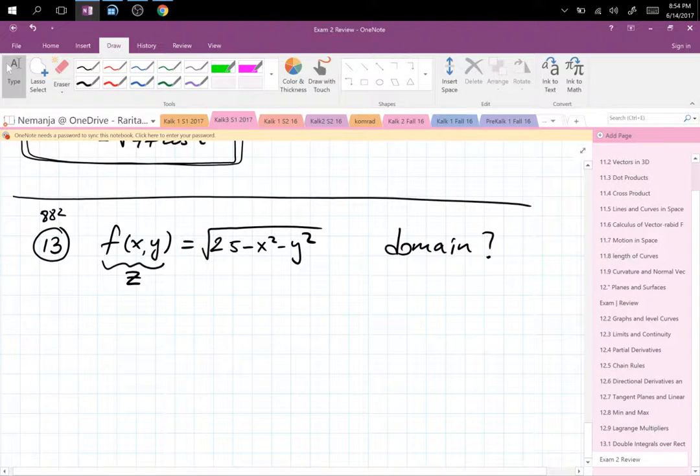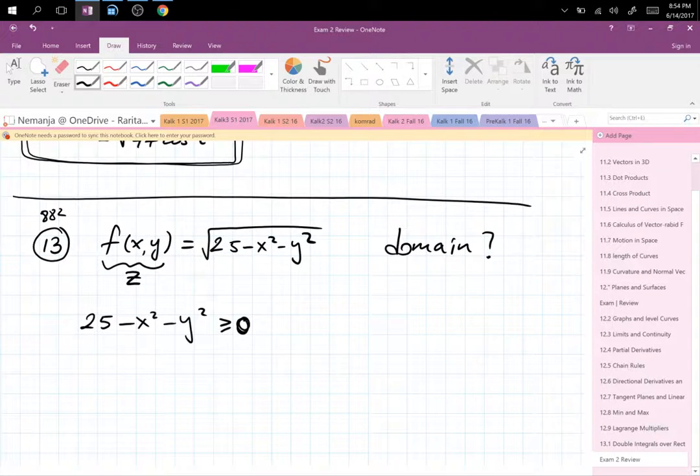The way we do this is when we have a square root, we take the argument of the square root and we set it larger or equal to 0. So 25 minus x squared minus y squared needs to be larger or equal to 0. Now we move x and y to the right and then shift everything to the left.